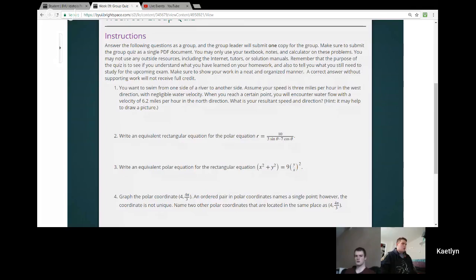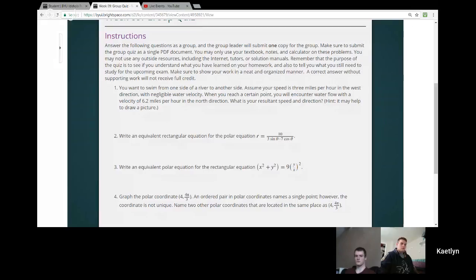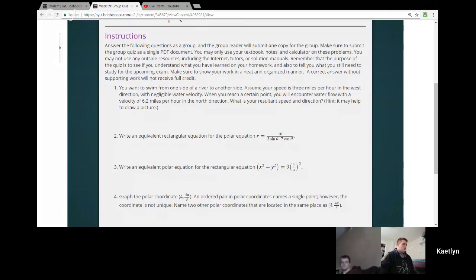So, seems to be 3 miles per hour in the west. Okay, so number 1. You want to swim from one side of the river to another side.